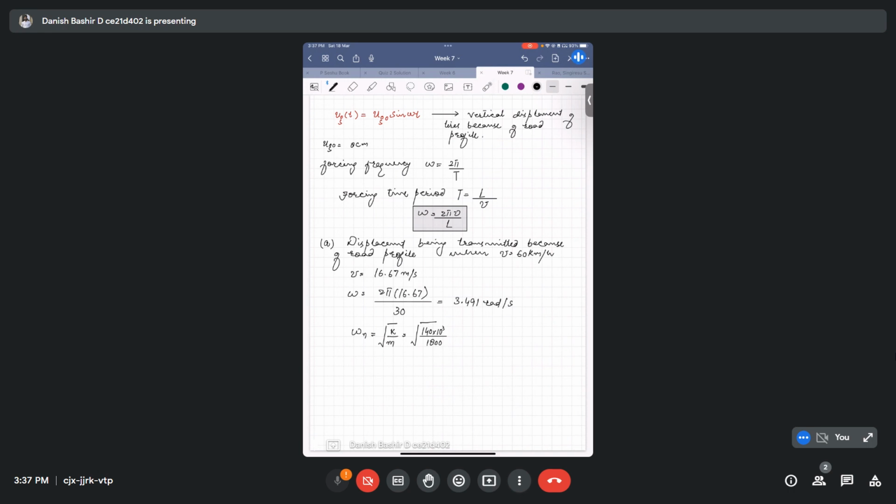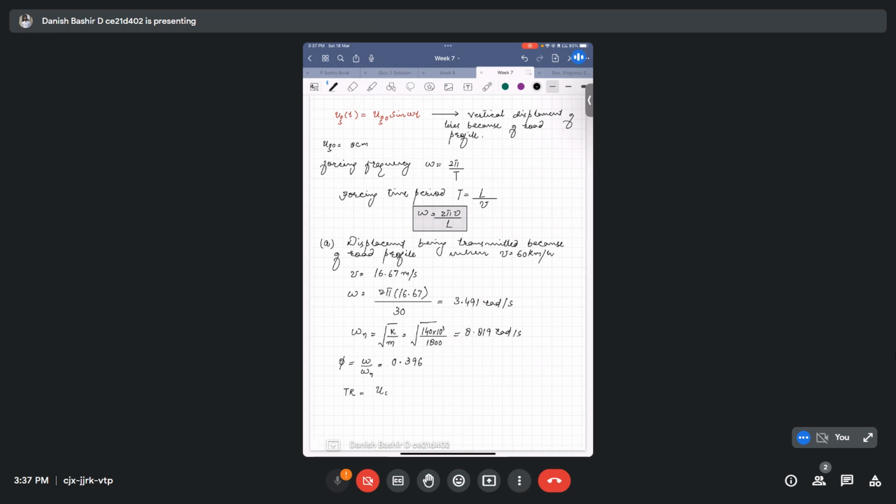It is 8.819 radians per second. Correspondingly, our frequency ratio phi will be omega by omega n. Substituting both values, we have a frequency ratio of 0.396.